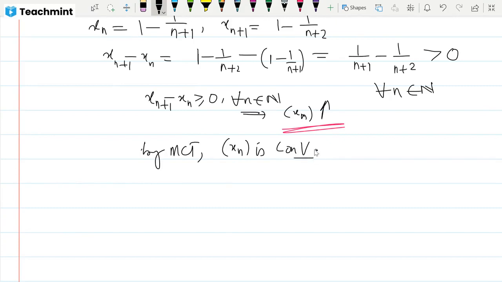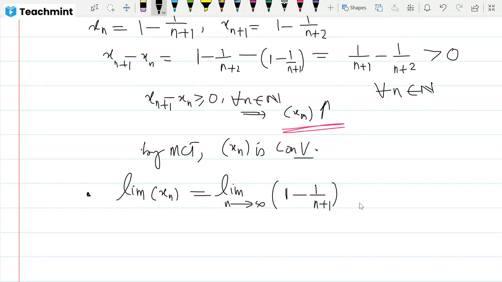If it converges, then it has a limit, and we can find the limit also. Now we are going to find the limit of this sequence. So the limit of xn, limit meaning here n tends to infinity. What is xn? 1 minus 1 by n plus 1. And what is this limit? 1 minus 0, which is 1.